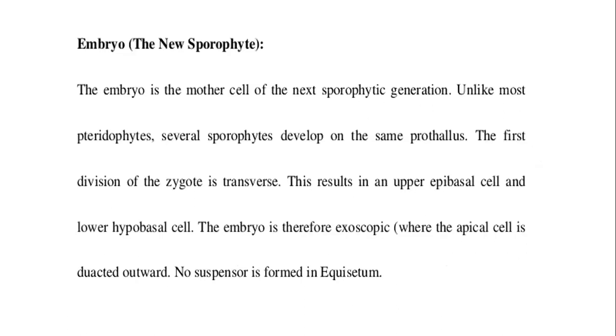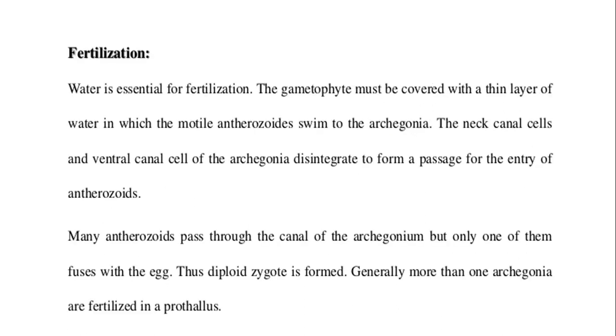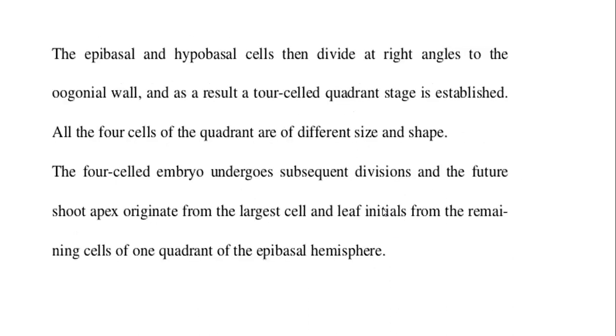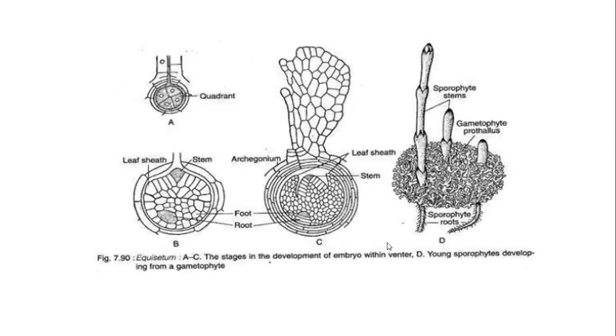Now this zygote, upon germination, will develop into the new sporophyte, what we call the embryo. So the embryo is the mother cell for the next generation, that is the sporophytic generation. Now this embryo will undergo differentiation and develop into a new Equisetum, or a new adult plant.